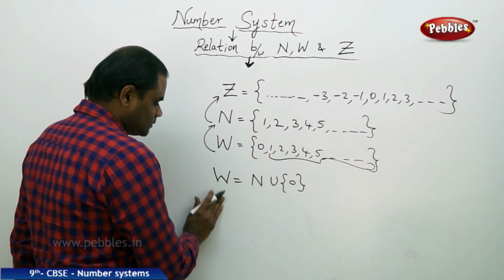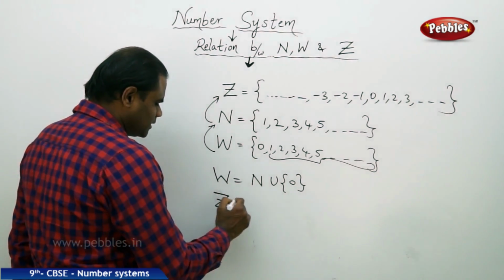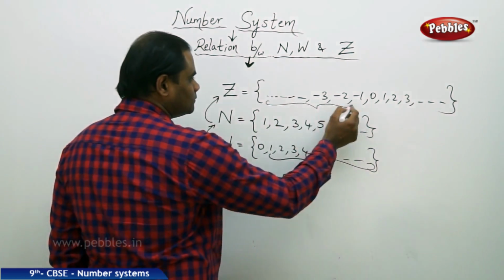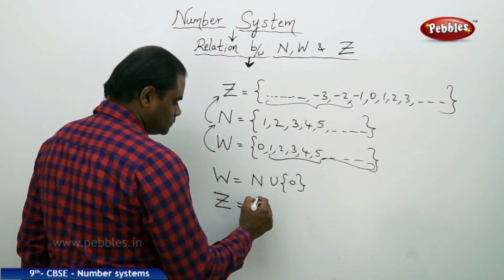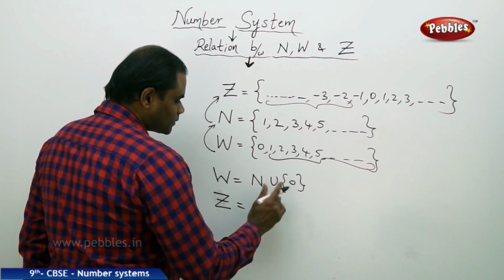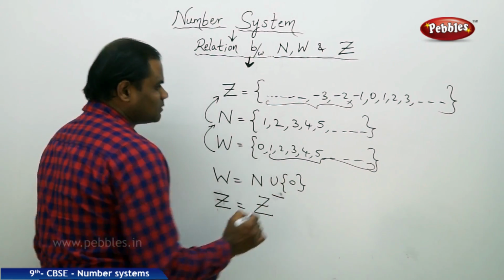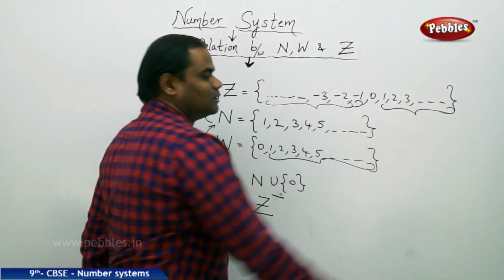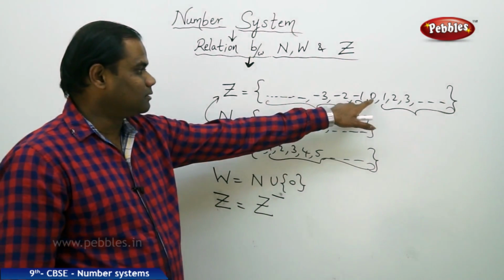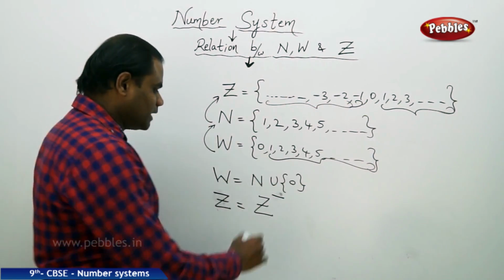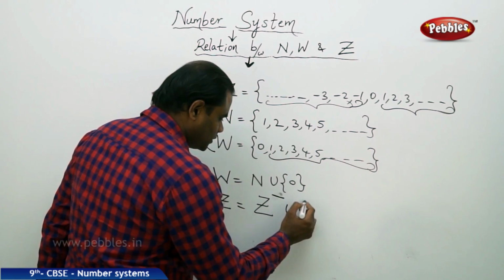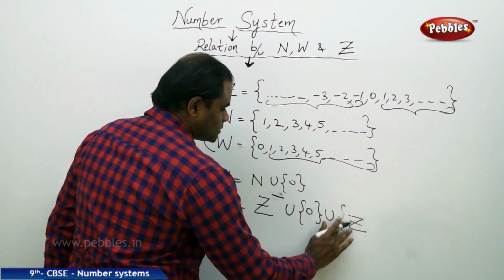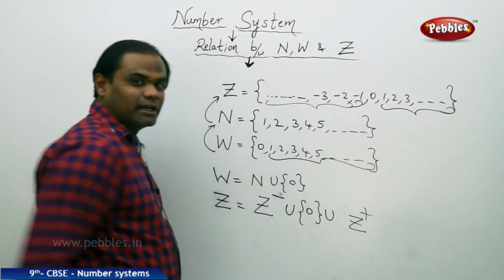And I see the relation between Z and W to be all the negative integers, as seen, the first half being the negative integers and the right half being the positive integers divided by the neutral 0. So I can write this as Z minus union 0 union Z plus is what we get.